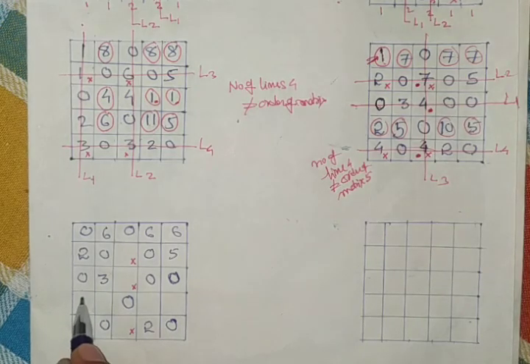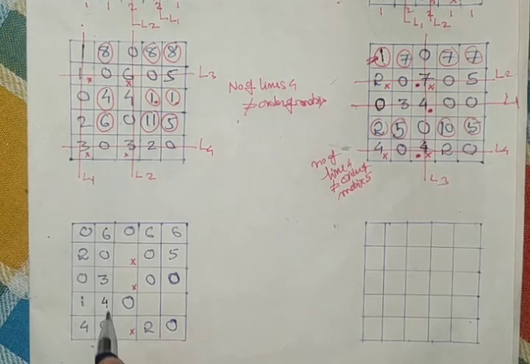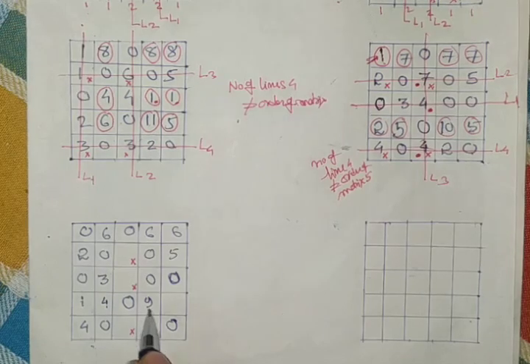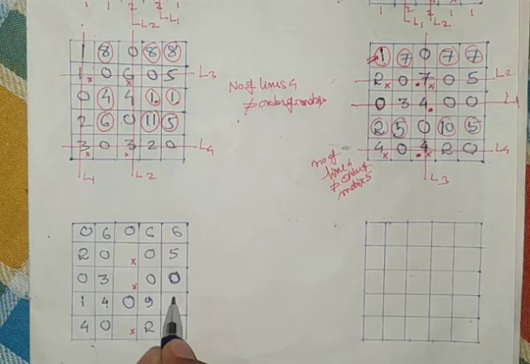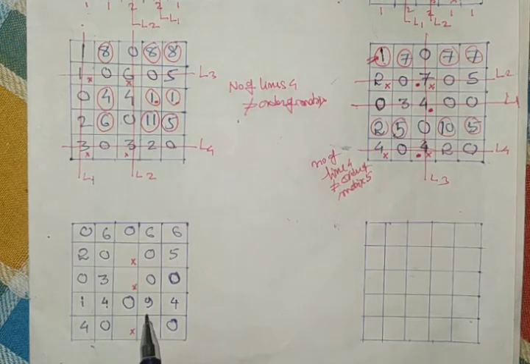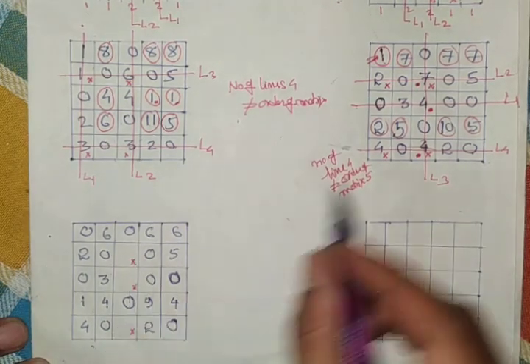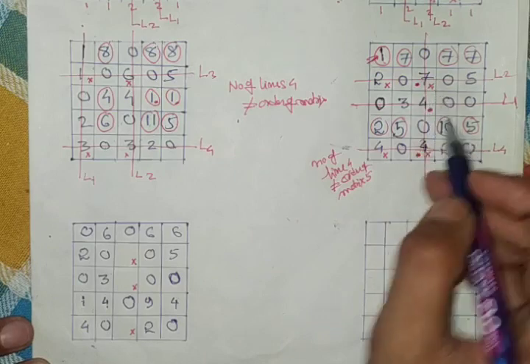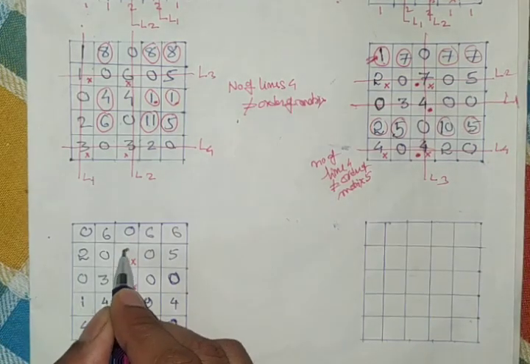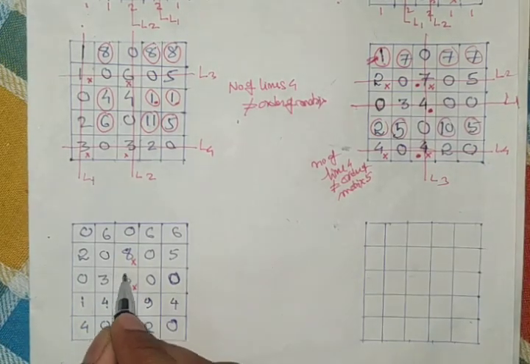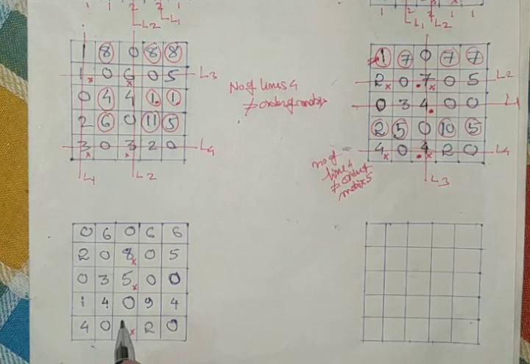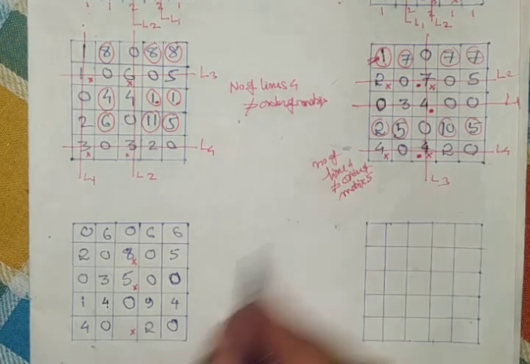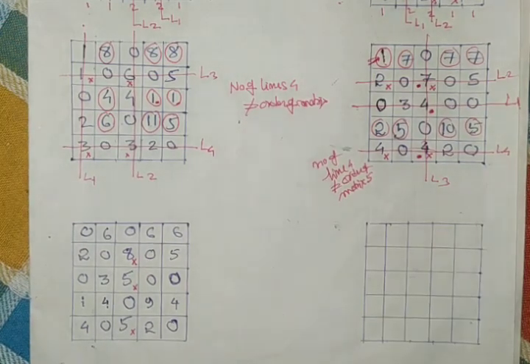This one became 1. This is 4. This is 9. This is 4. Okay. Then those are the cross elements, so we have to add. So it became 8. This one became 5. And this one also became 5.